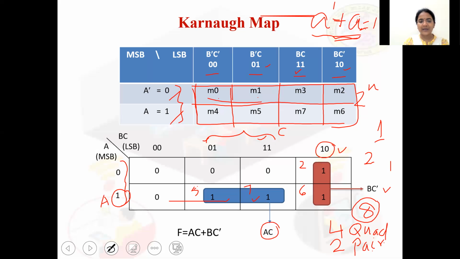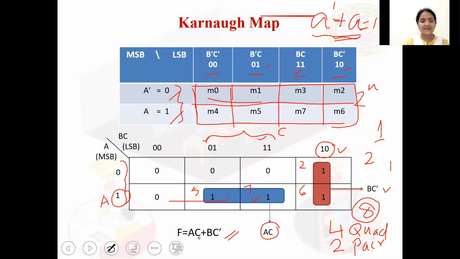AC. When we are simplifying the SOP function, we will get product terms, and we have to sum them up. Okay, that is AC plus BC bar.